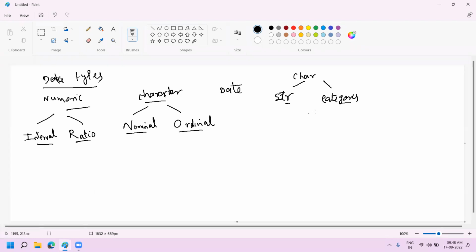So now the difference is categories are limited. You have only a limited number of values which is shared between all the members of the sample or population. Gender, there are only two values. So every member of the sample or population will belong to one of these two, not both.